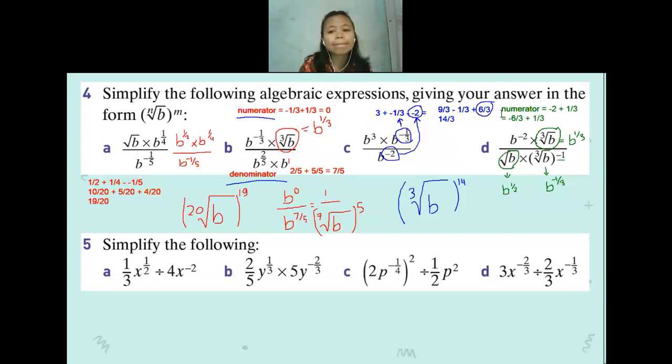So it will be how many? If I have -6/3 plus 1/3, it will be equal to how many? -6 plus 1, how many will it be?